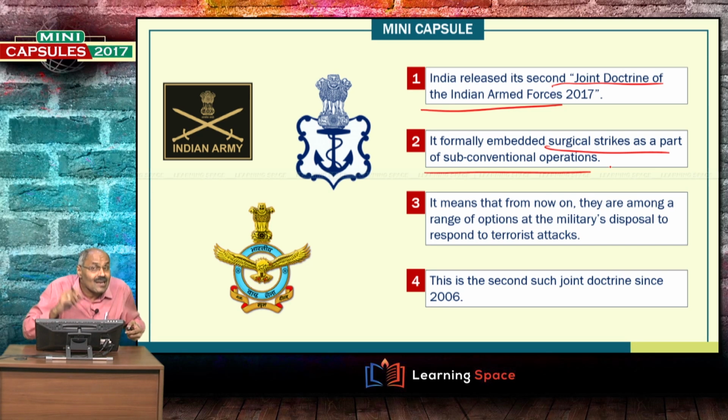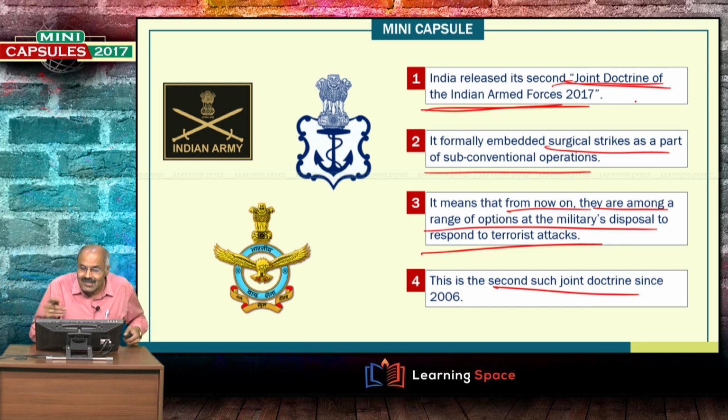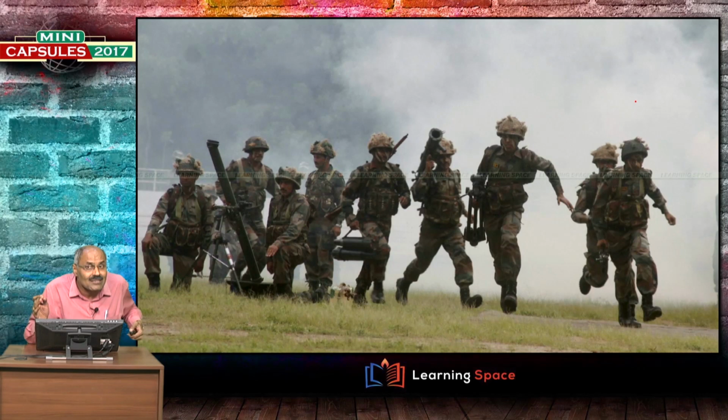Please don't forget, last year India, through surgical strikes, decimated terrorists on Pakistani land. So, from now on, they are among the range of options at the military's disposal to respond to terrorist attacks. So, this is the second such doctrine. India released the second joint doctrine for the Indian armed forces, right?